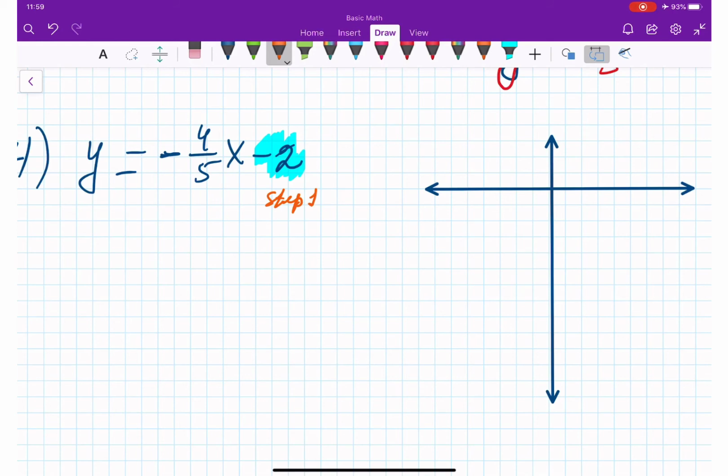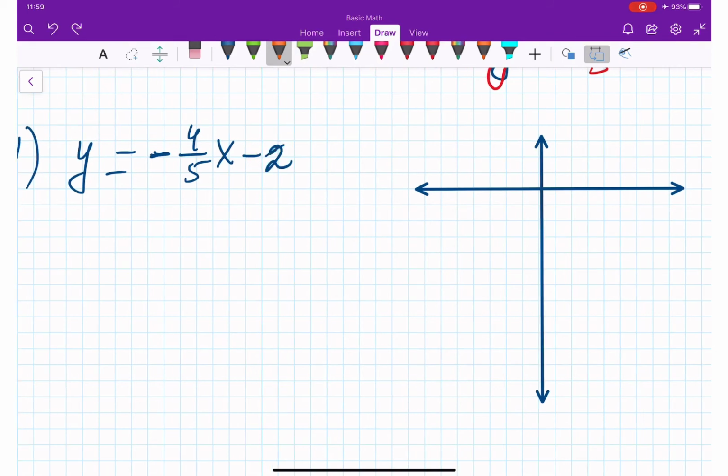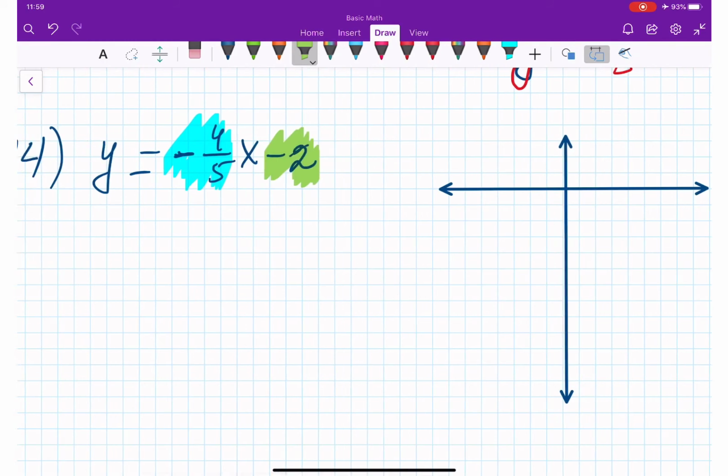Actually, hold on, I use this color for slope. And this is our y-intercept. So step 1, our y-intercept, and step 2 is our slope.